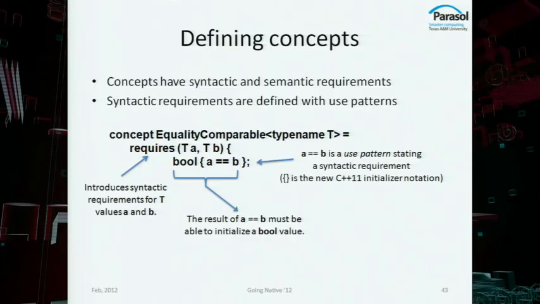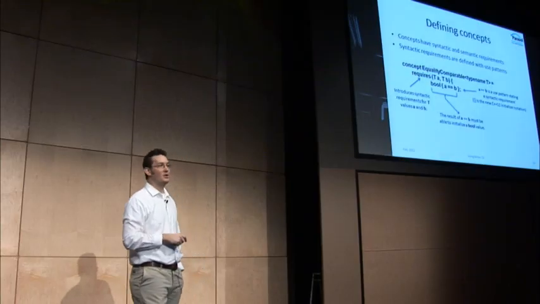What's inside that block is several things actually. The a equals b part is a use pattern. It says how we expect to use the type T, or the objects a and b, in this expression. The bool with the initializer braces there describes a constraint on the result type.